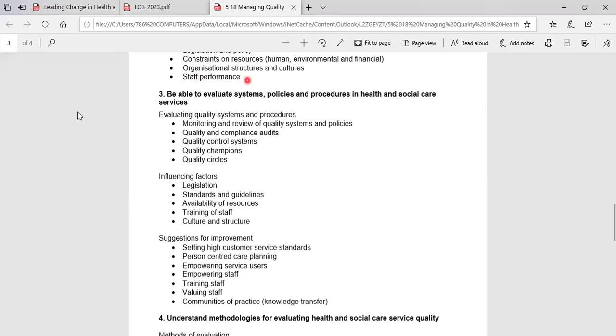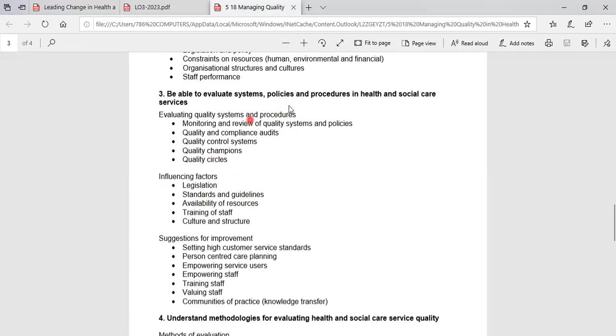So it's an evaluation within your organization of how systems and procedures are there to improve quality, and how you are evaluating the quality systems and procedures.